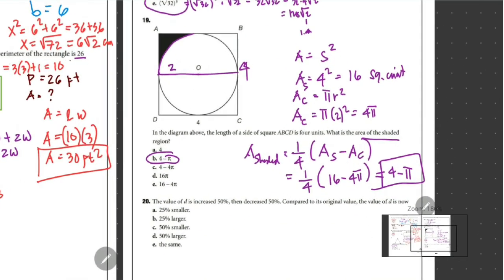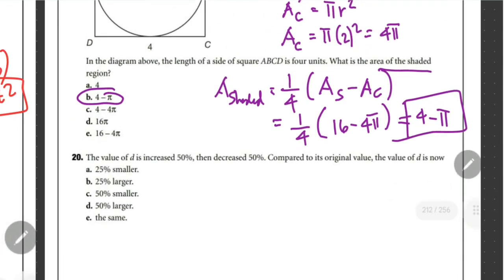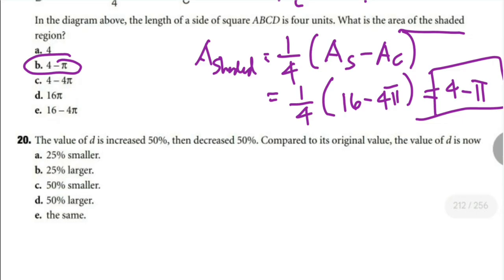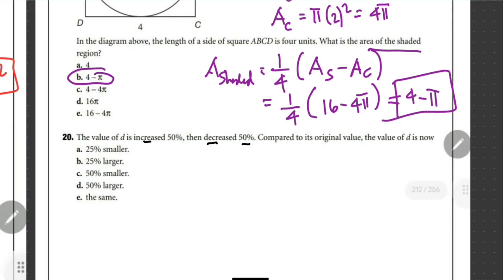And the last problem for practice test 2, section 1. The value of D is increased by 50%, then decreased by 50%. Compared to its original value, the value of D is now, all right, how are we going to solve this?